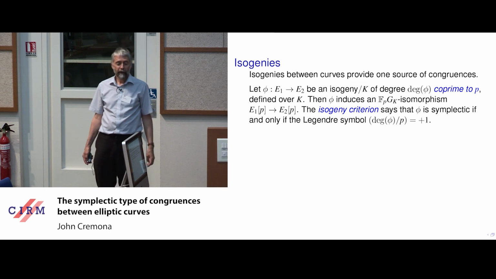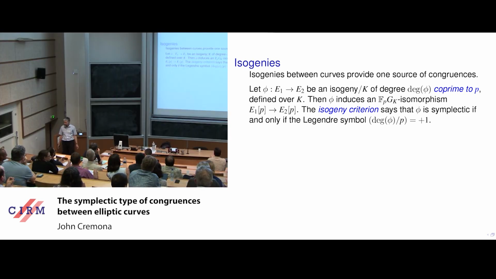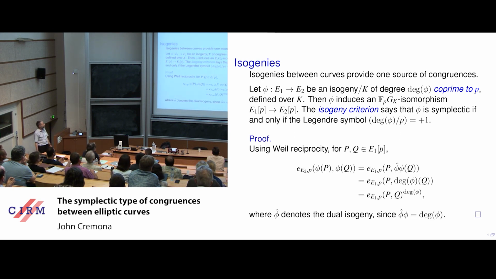And there's a very easy criterion for the mod p congruences that arise this way to say whether they are symplectic or not. They're symplectic just if the degree of the isogeny is a quadratic residue or not. And I'll prove that to you because we're supposed to always prove something in a talk, and probably this is the easiest thing. So you just do a little calculation. It's based on Weil reciprocity.